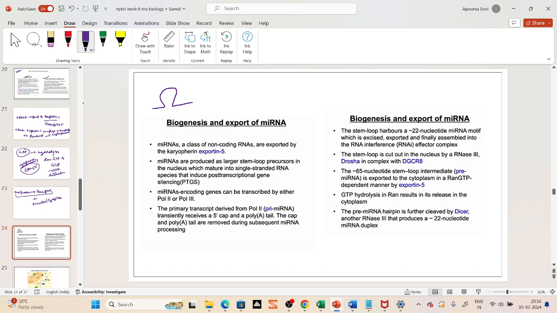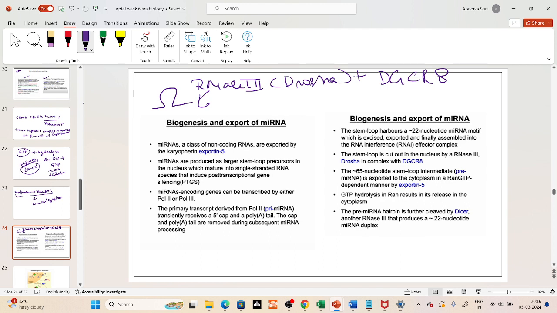In this stem loop structure, RNase 3, which is known as Drosha, acts on it in combination with DGCR8. So the stem loop structure is cut in the nucleus by RNase 3, which is Drosha in complex with DGCR8.